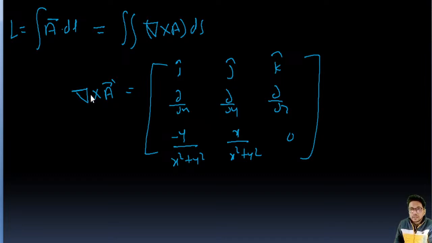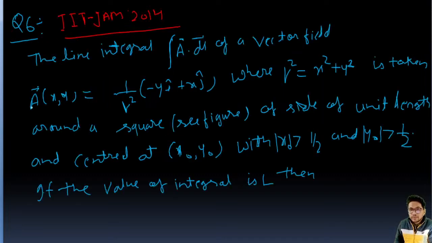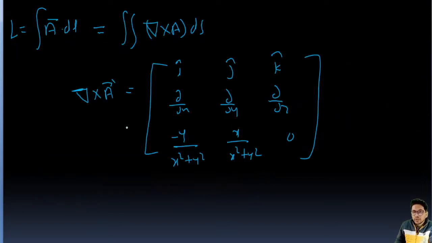Because the value of A is this, 1 upon r square where r square equals x square plus y square. If we solve it, we find that del cross A is 0.